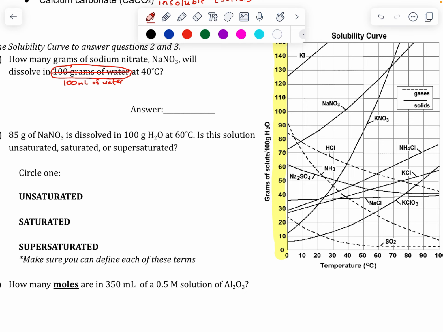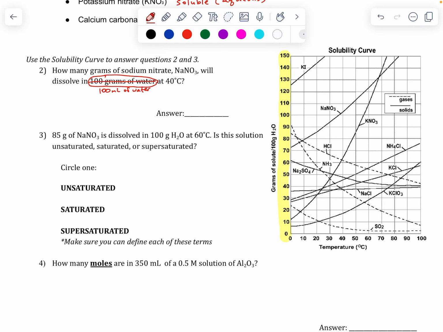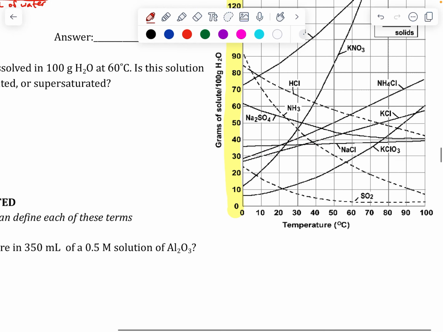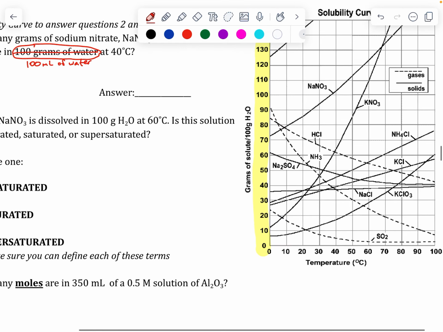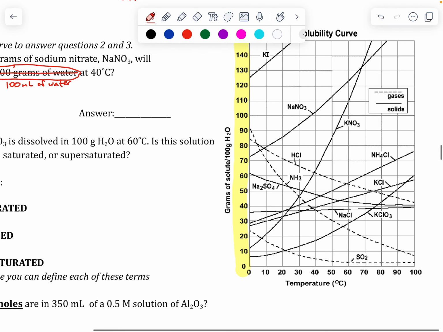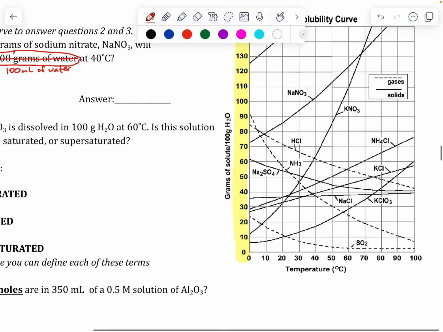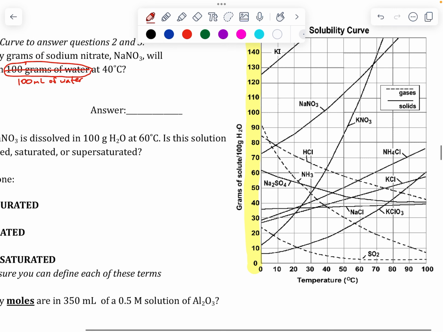So really what we're doing is using the temperature down here and the grams of potential solute that we could have to answer all of these, ignoring that other tidbit about the water. At 40 degrees Celsius, I see that the curve they're talking about here is sodium nitrate, which is this curve right here.